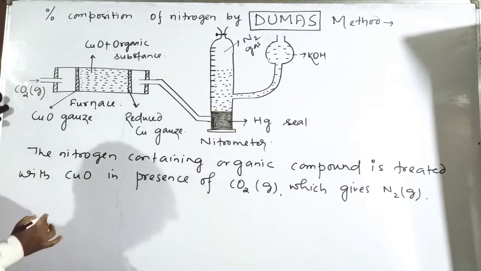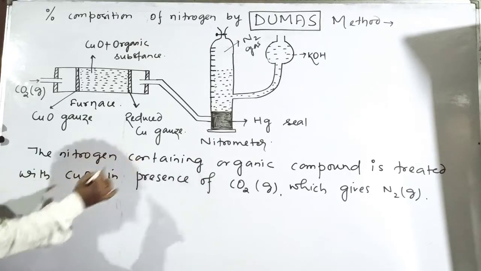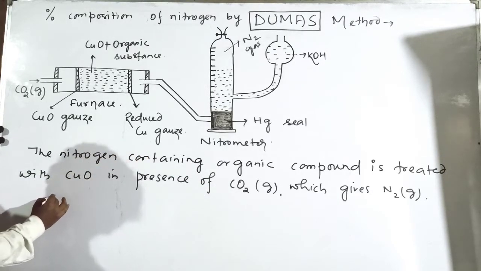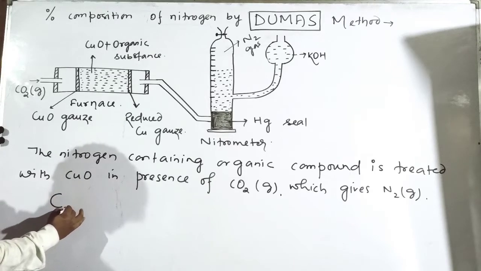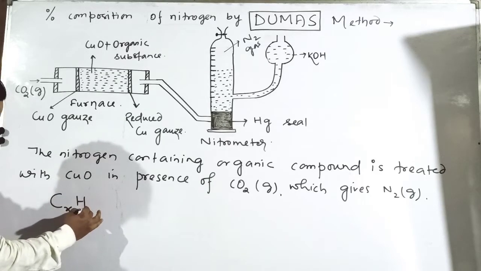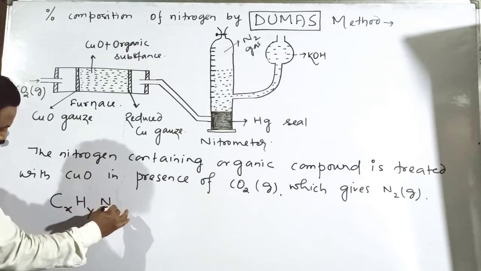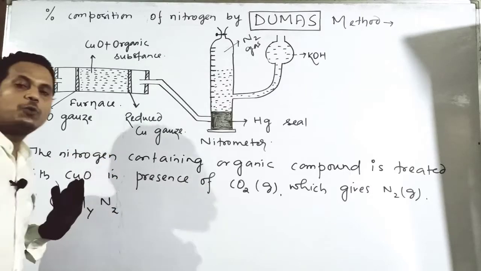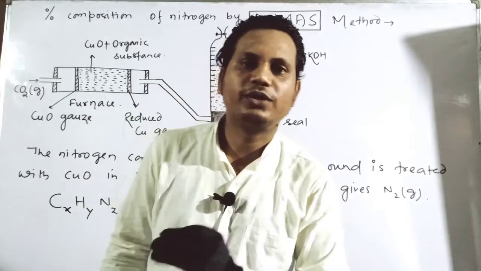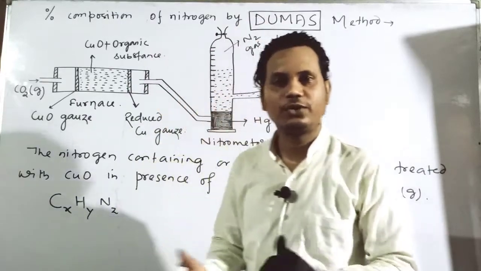Now take the reaction. The nitrogen containing organic compound will contain carbon, hydrogen and nitrogen. How much carbon and how much hydrogen is present, we don't know.